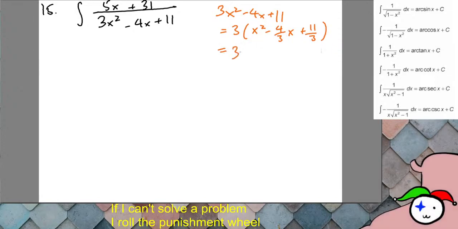Which is 3 times x minus 2/3 squared, which gives you plus 4/3.